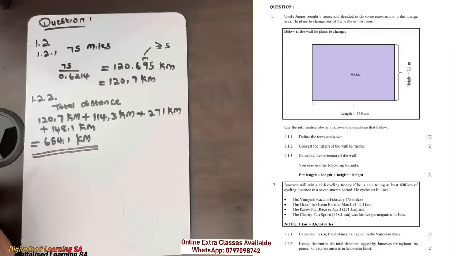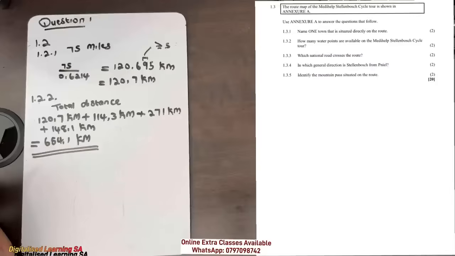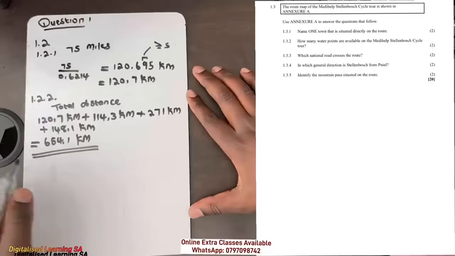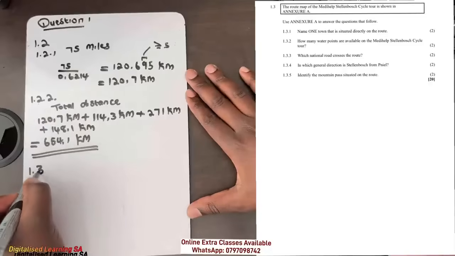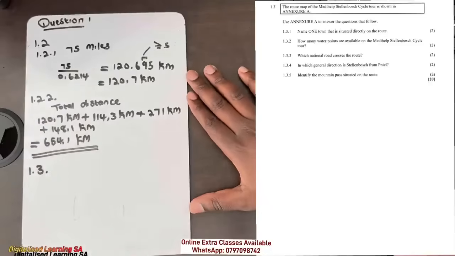Okay, so now let's go to our last question for question 1. Next we have question 1.3. Question 1.3 says that the road map of the MediHelp Stellenbosch Cycle Tour is shown in Annexure A. I will also include annexure A on the right hand side so that you can see and also be able to follow how these questions are supposed to be answered.